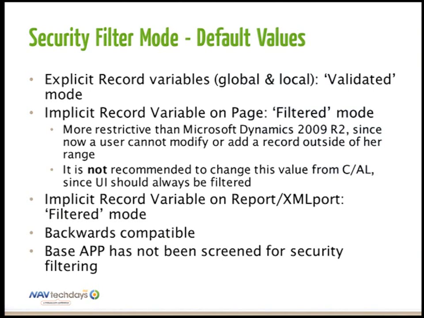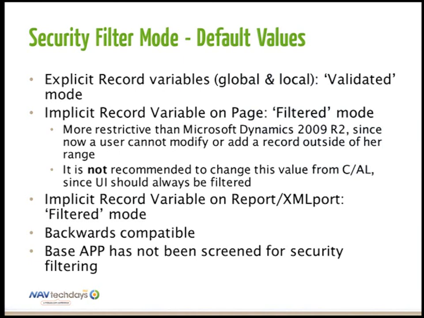So, default values. We have two types of record variables. We have the explicit record variables that you declare yourself. That was what I showed you. You can see in the property window for the variable what mode it is. And the default value is validated.